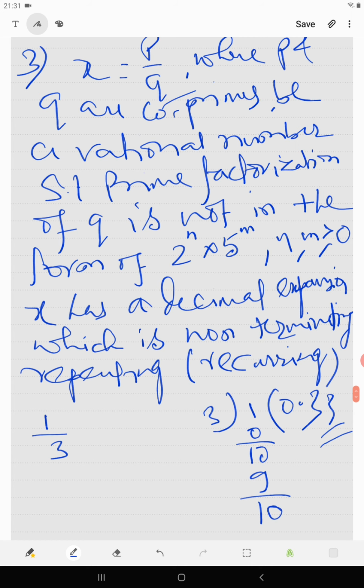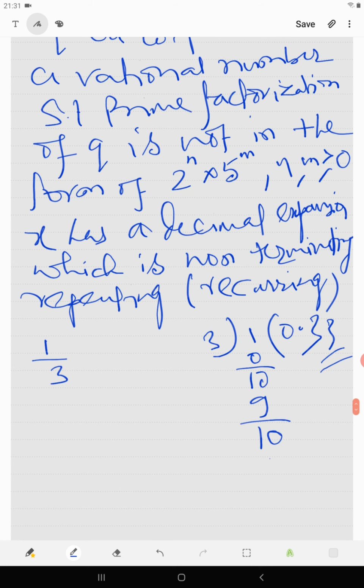Now this 3 is recurring. Again 0, again 3. So I can write this as 0.3 with a bar on top of the 3 if it is recurring. That means this 3 is going to repeat again.